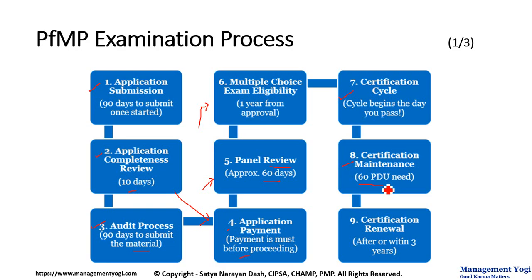You have to accumulate 60 PDUs in the 3 year cycle. Then after you have accumulated, let us say in October 2029, 60 PDUs, then the certification renewal will happen. Again it will go for another 3 years, 29 to 30, 30 to 31 and 31 to 32. So this is the overall PfMP examination process.